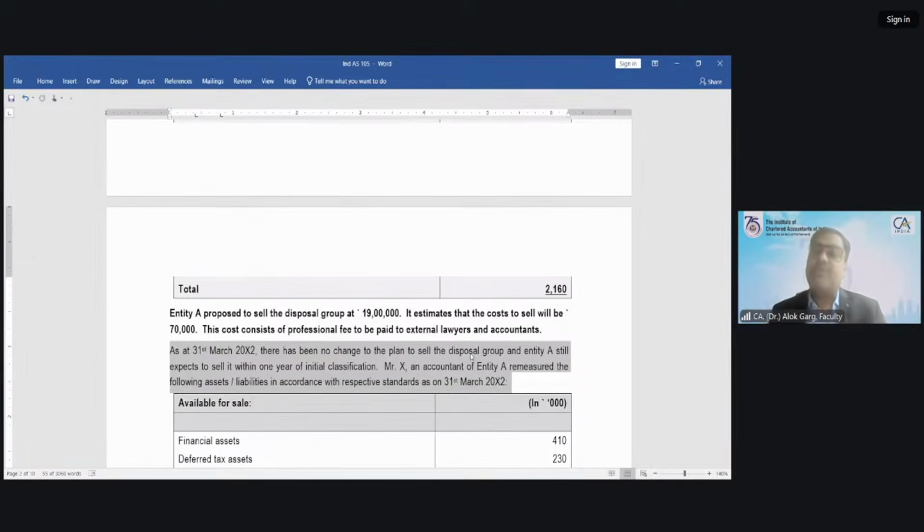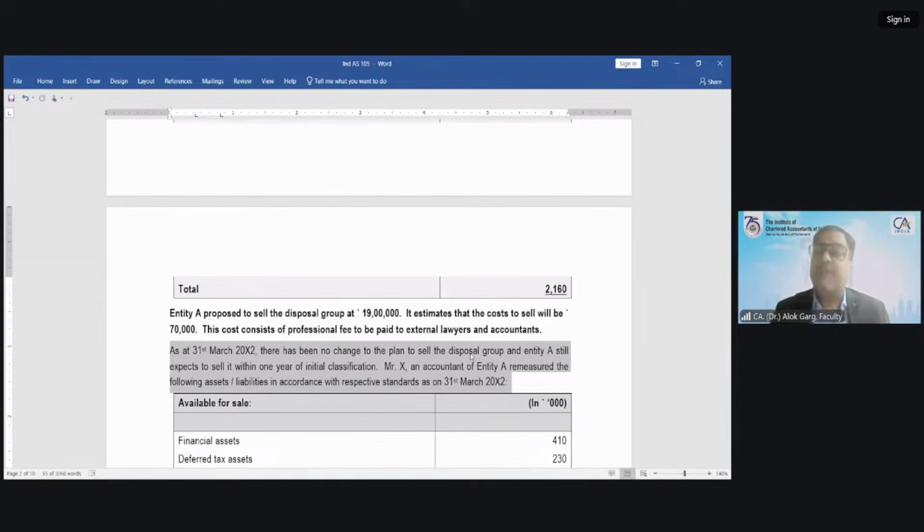And there could be three situations. Situation number one, fair value less cost to sell does not change. Whatever value at which you recognized your disposal group held for sale, on the reporting date the fair value less cost to sell is the same. Of course, no change.